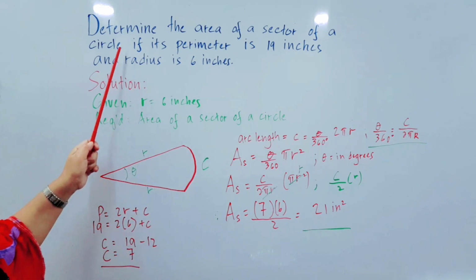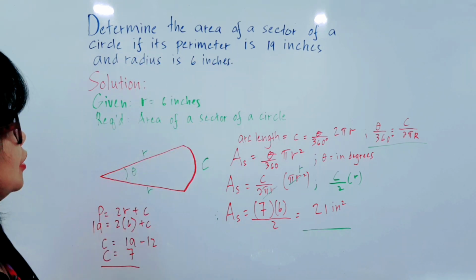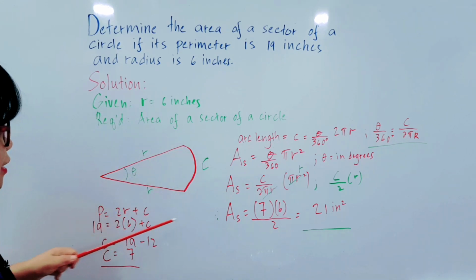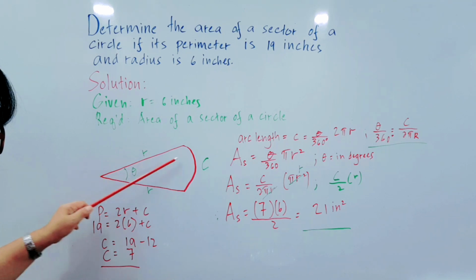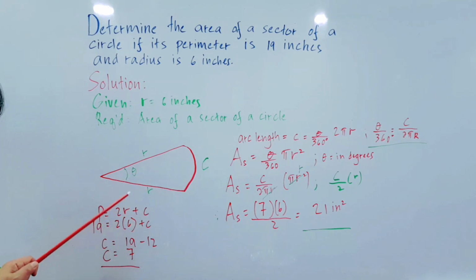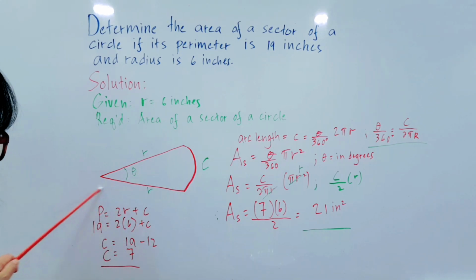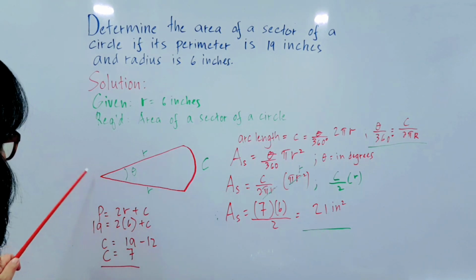Now, dahil dito, given rin ang perimeter which is equal to 19 inches. So, the perimeter of this sector of a circle, which we designate as P, is equal to R plus C plus R, or 2R plus C. Yun ang perimeter ng sector of a circle.